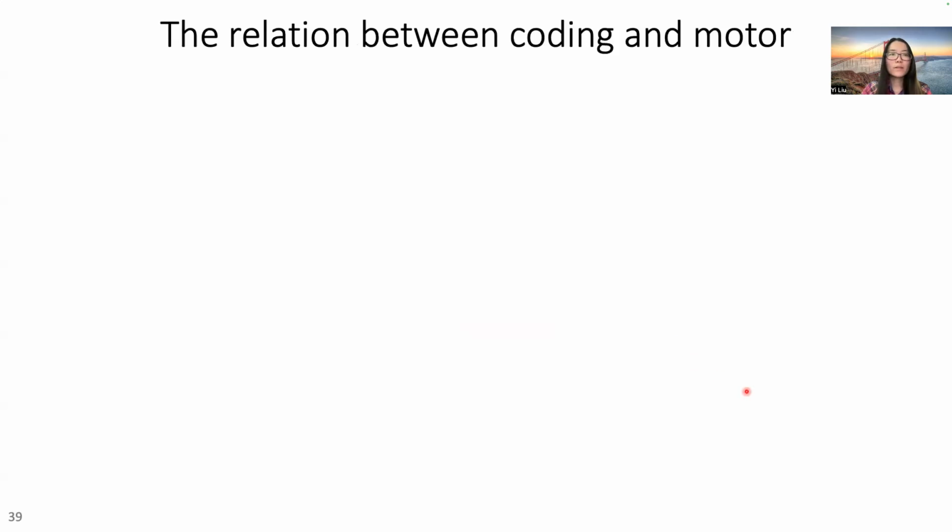But then what about the relation between coding and motor? Because we know that even uninstructed movement of the mouse could reflect the choice of the animal. And therefore, it will be interesting to see whether coding contains internal representation of choice that is unrelated to movement.